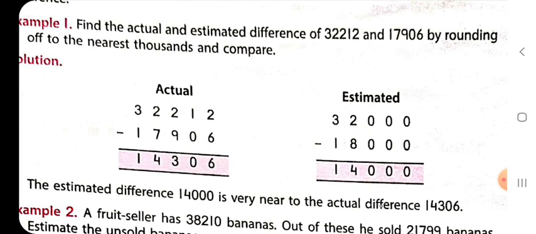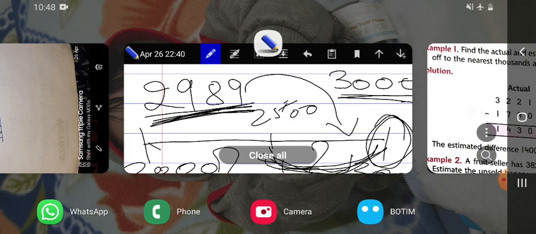First of all, we have to estimate to the nearest thousand, as asked by the question. So naturally we will do it like this only.